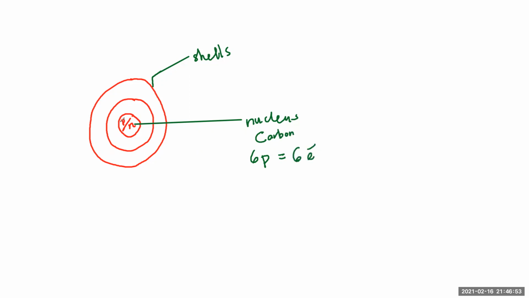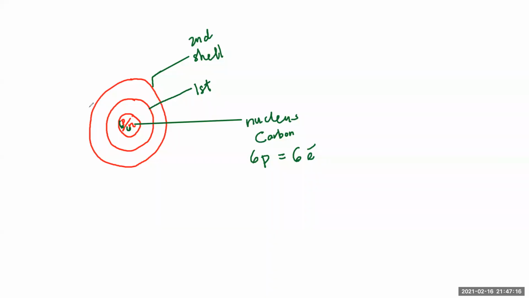Now, the six protons are in the nucleus, and there's also neutrons in the nucleus. The electrons are arranged in the shells. The shell that is nearest to the nucleus is called the first shell. And the one after that is called the second shell, and so on.